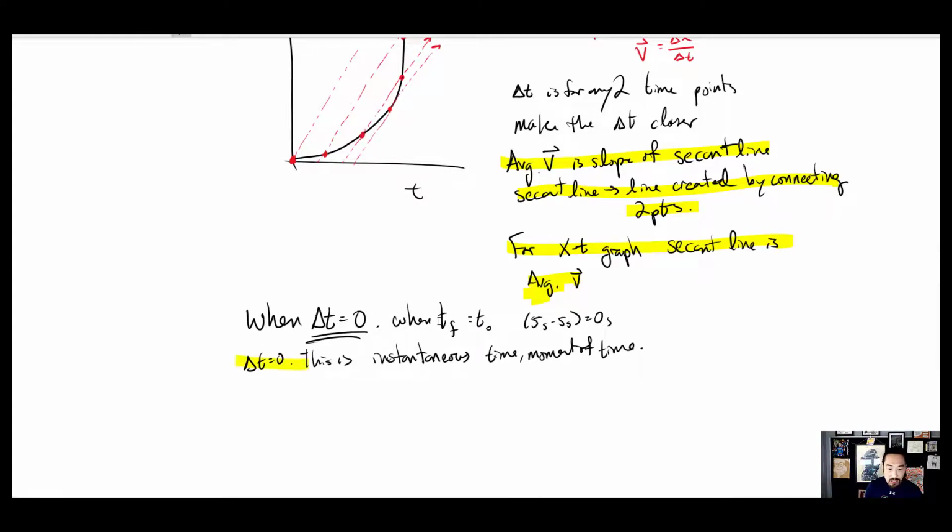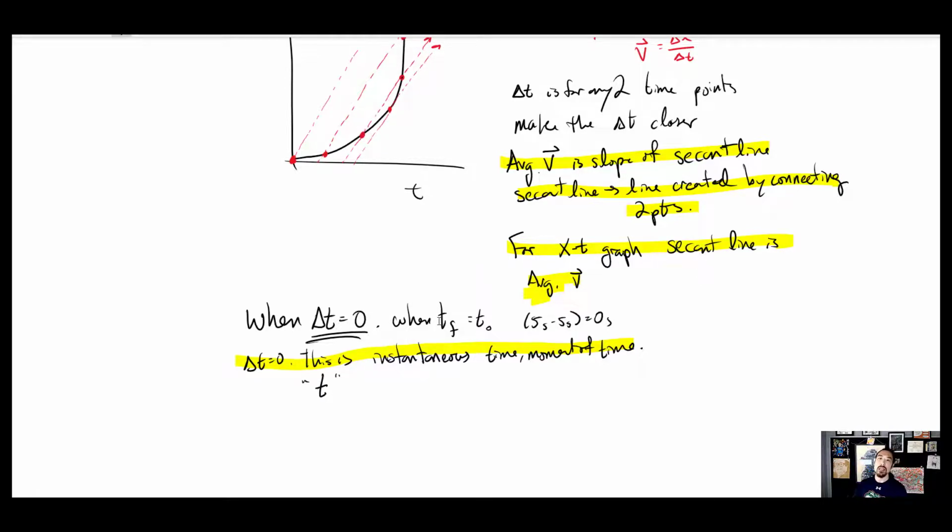Let's highlight that because that is super important. So that is going to be a moment of time, and we don't call it delta t equal to 0. How we define instantaneous time is just the letter t.